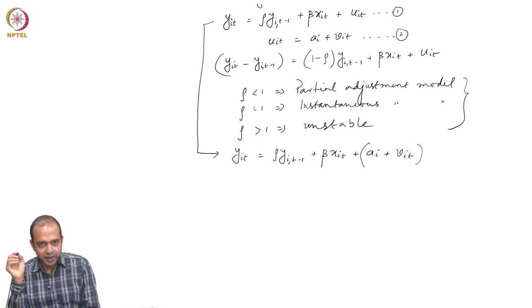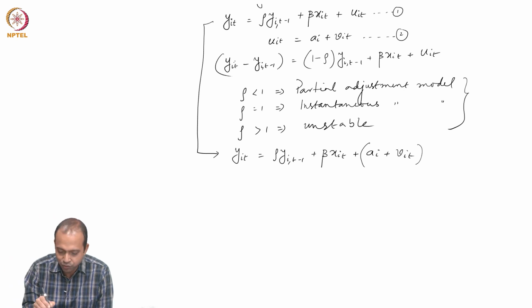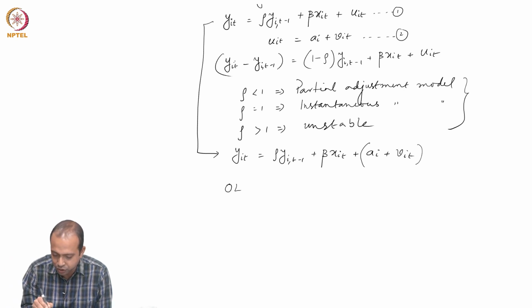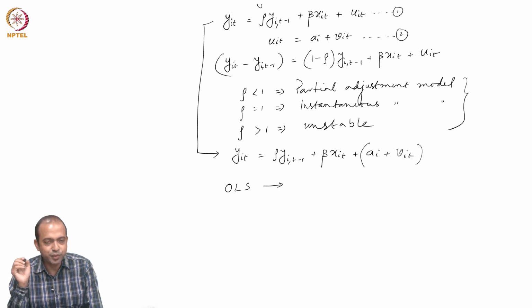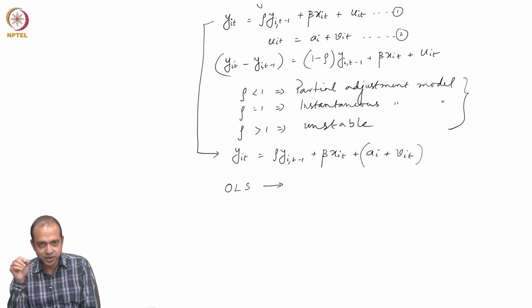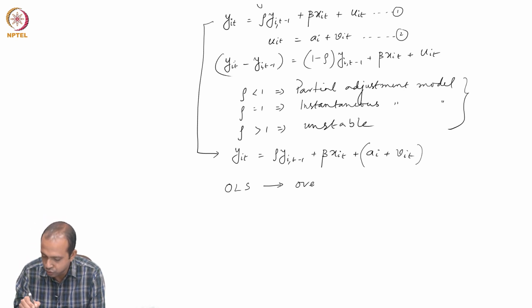To remove this A_i, if we apply the fixed effect transformation, like what we used to do in the context of the static panel data model, then as we discussed, a fixed effect model will lead to underestimation of rho hat.